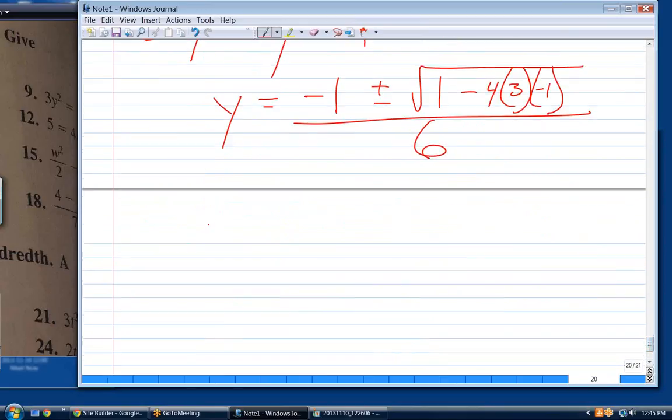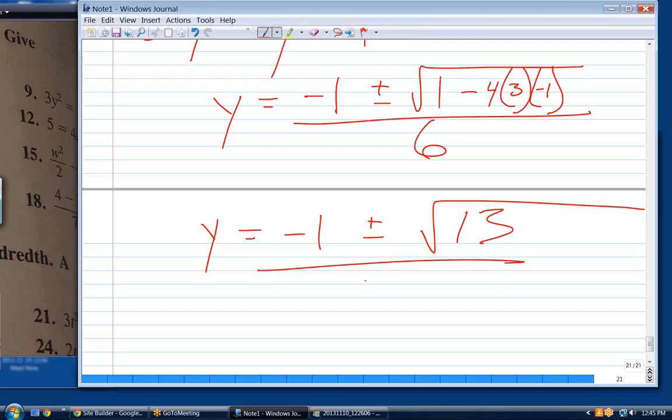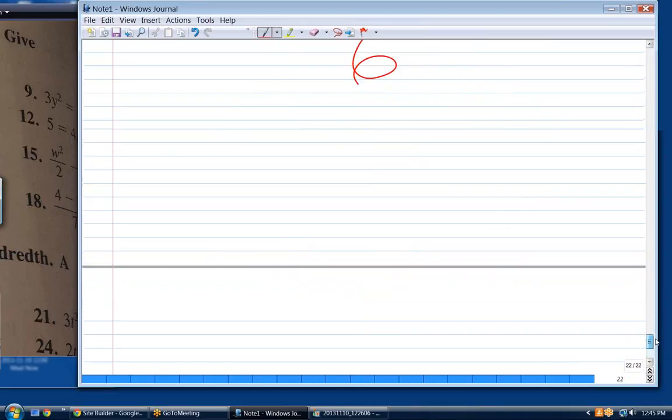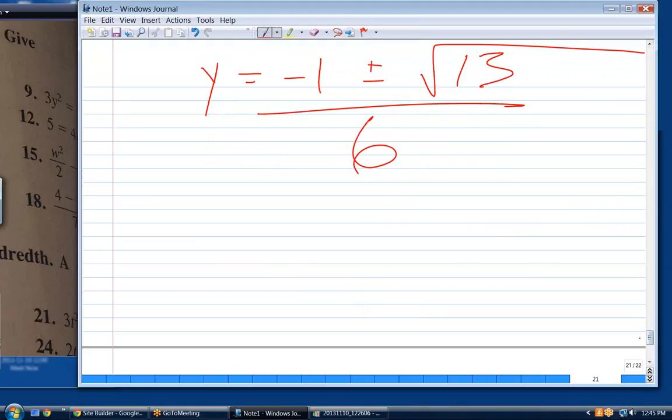Simplify. Negative 1 plus or minus the square root of, that would actually be 1 plus 12, wouldn't it? Yep. And simplify one final time because it's not yet in A plus BI format.